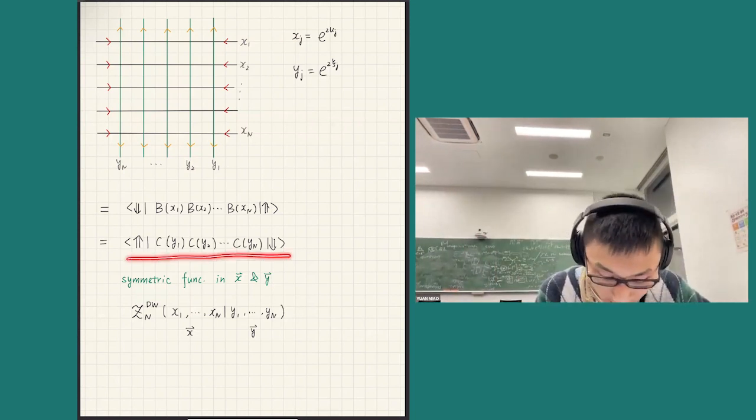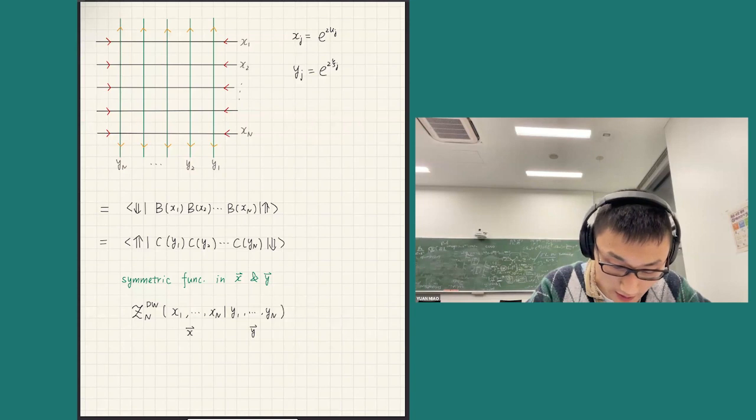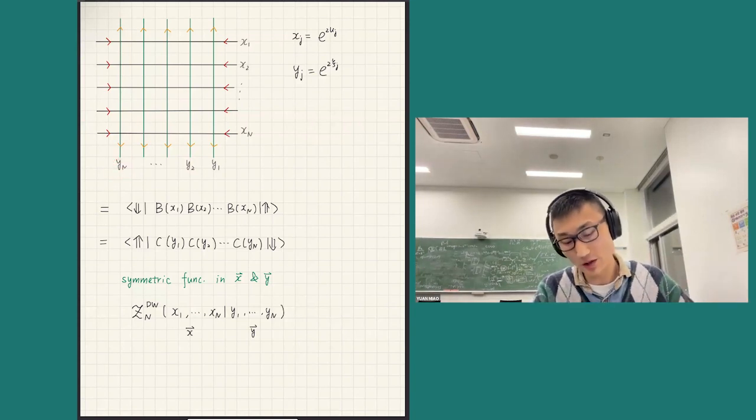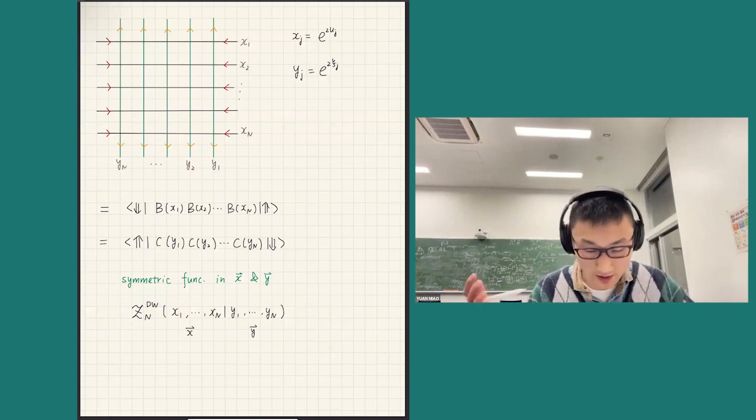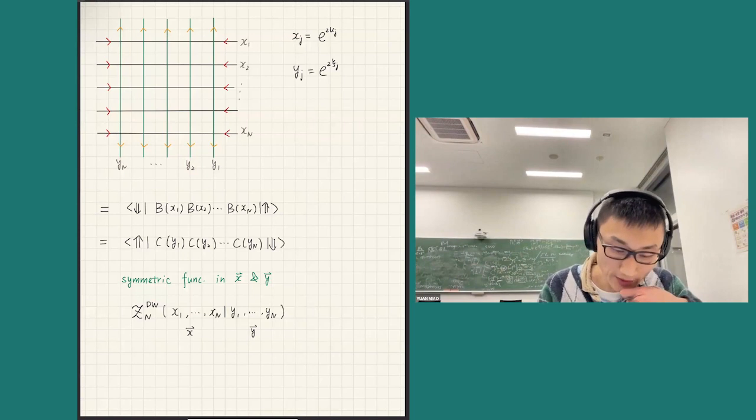What we get is a product of this C operator here. In condensed matter physics, maybe this is more like calculating some overlap of some states. But let's do it another way.